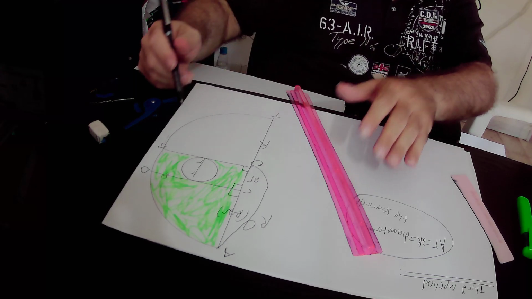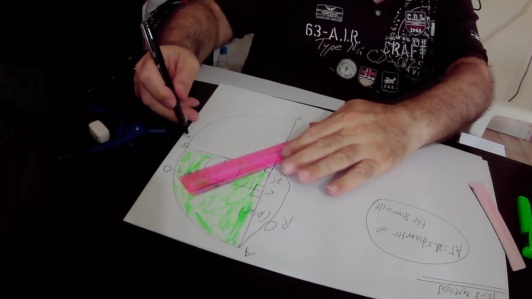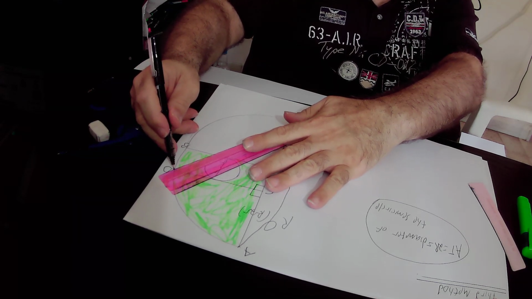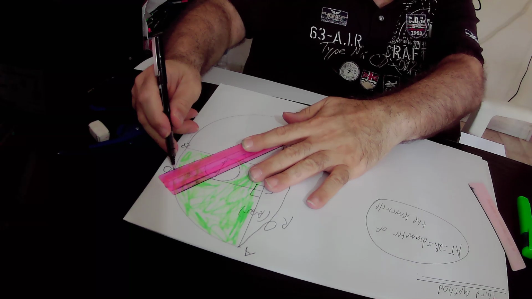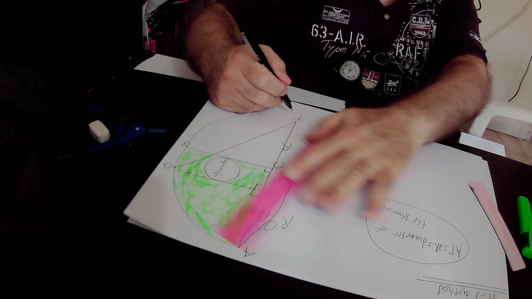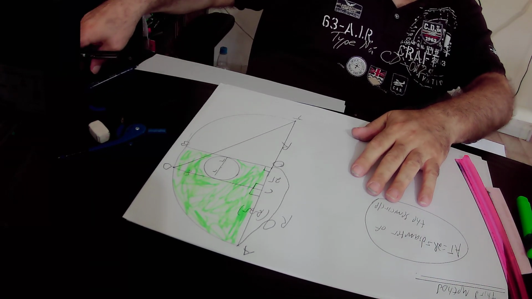In the next step, we'll join points B and T together by a straight line. We'll join points D and T together by a straight line. And we'll join points A and D together by a straight line.